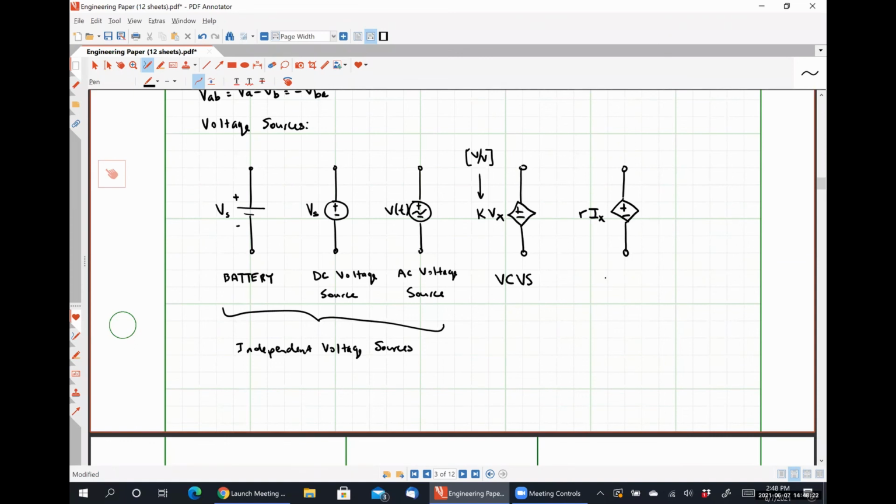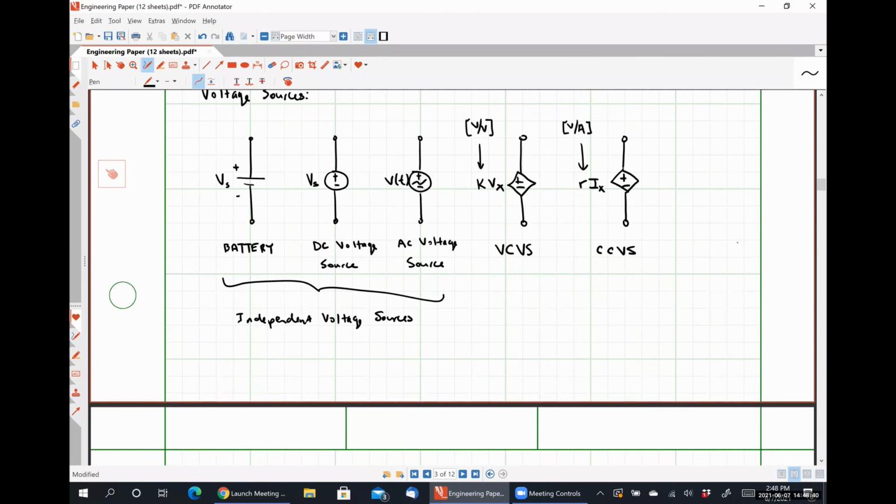So this is called a current controlled voltage source, where this coefficient R has units of volts per amp. So these guys are dependent voltage sources.